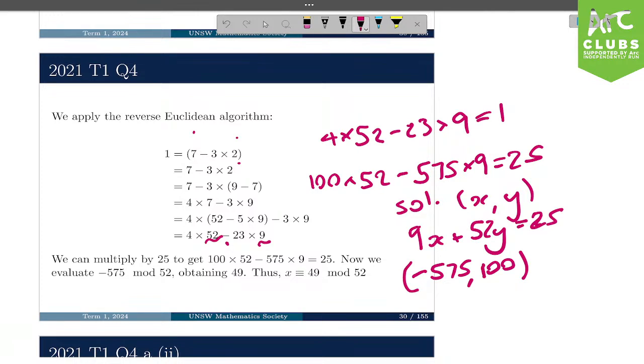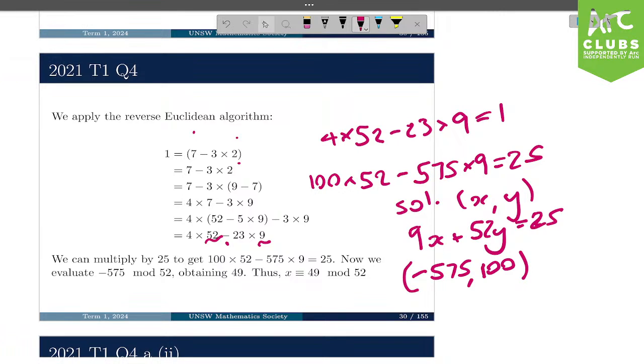So basically, Bézout's identity shows us that these solutions exist, but the reverse Euclidean algorithm is how we will get the solutions. Does that make sense? Right.